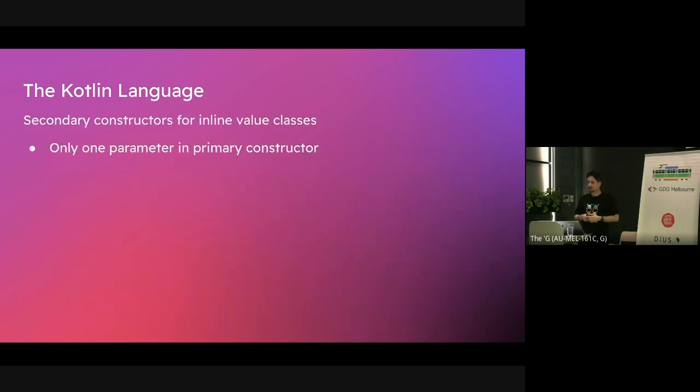Secondary constructors for inline value classes. Now, Kotlin has a limitation with inline value classes that it must have a single parameter constructor. Otherwise, it won't work. How many of you know what an inline class is? A few people. Okay, so I'll just tell what an inline class is.